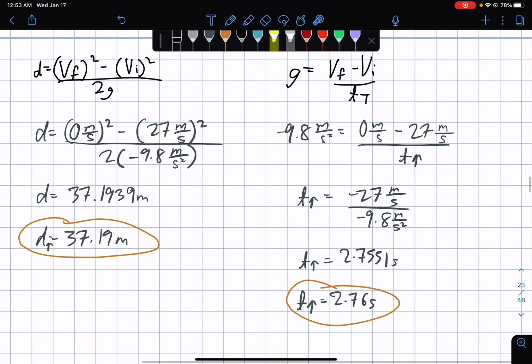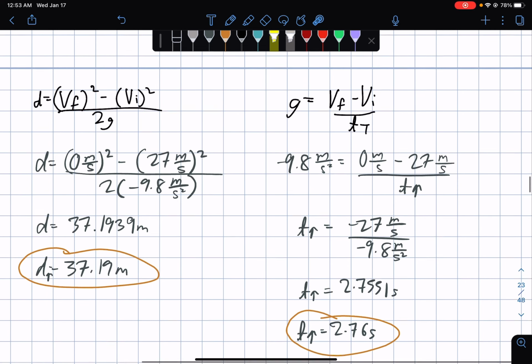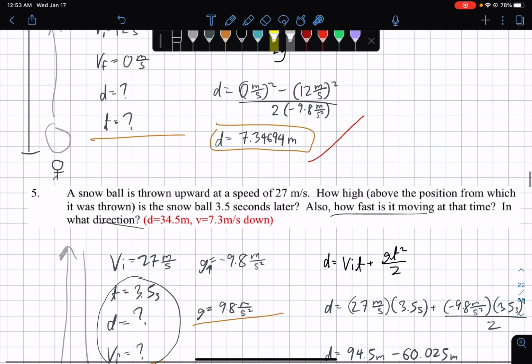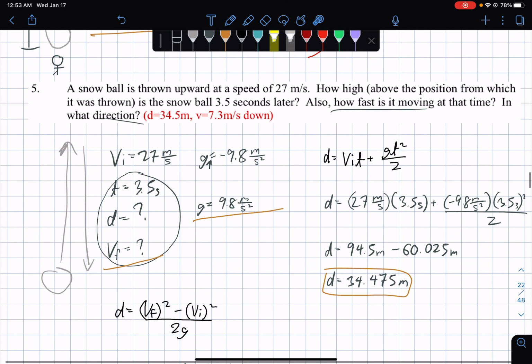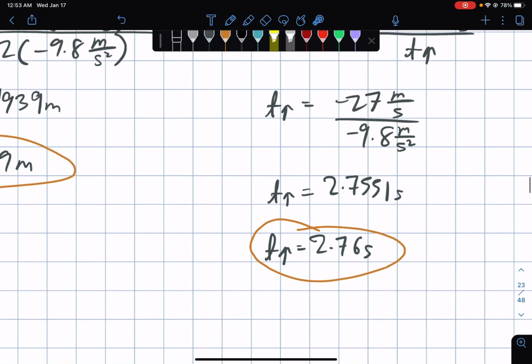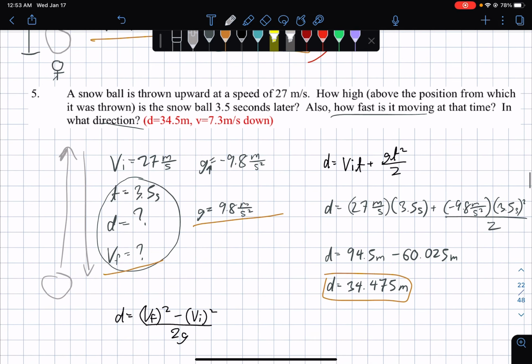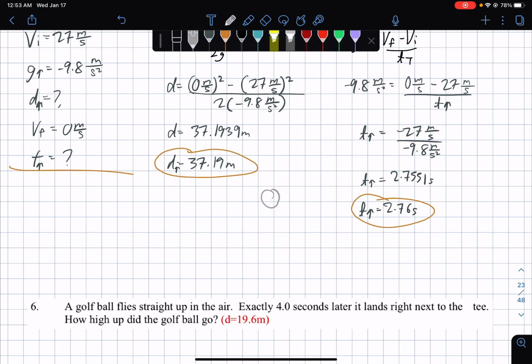This is so fun. Let's figure out the reason why the direction is going down, using the time that we have. So time going up is 2.76 seconds. The time at 3.5 seconds is higher. The moment the snowball reaches its highest point, at 2.76 seconds, it starts to go down.